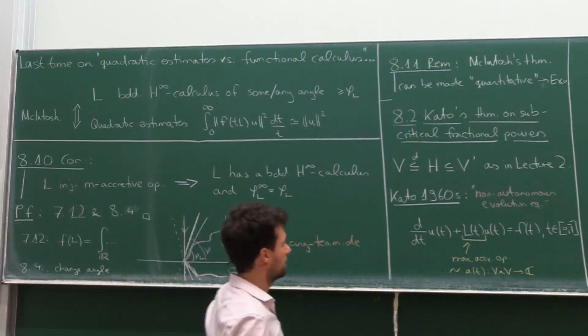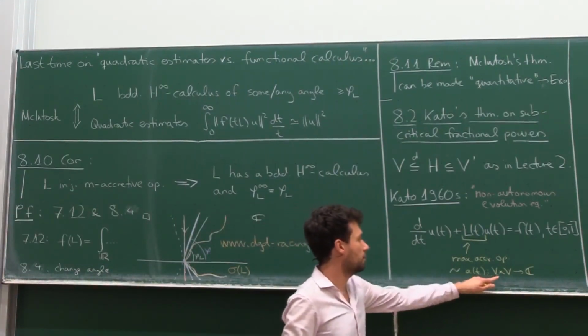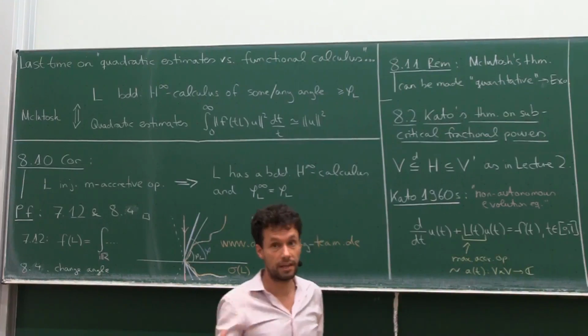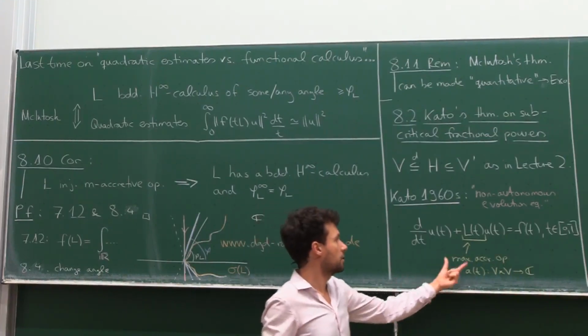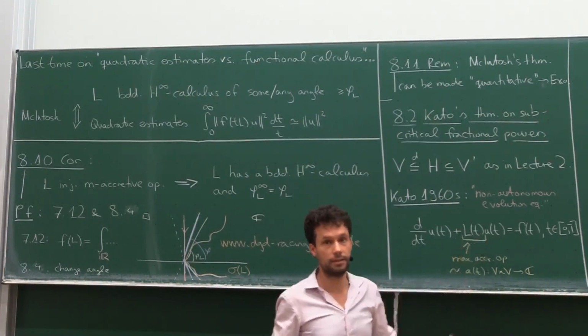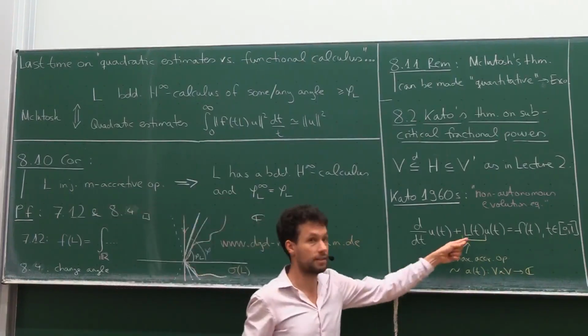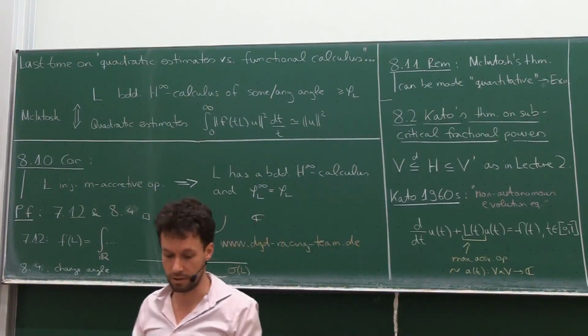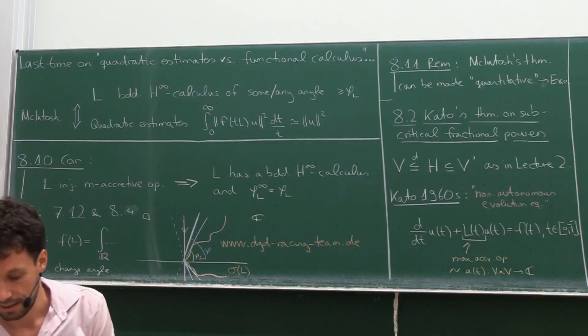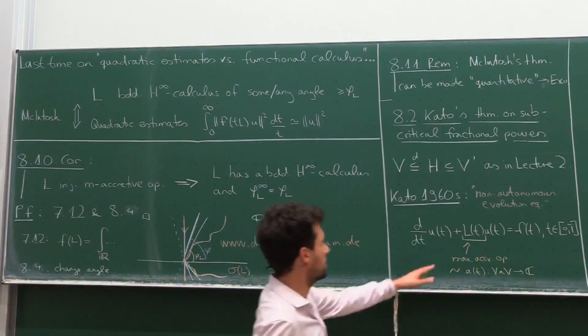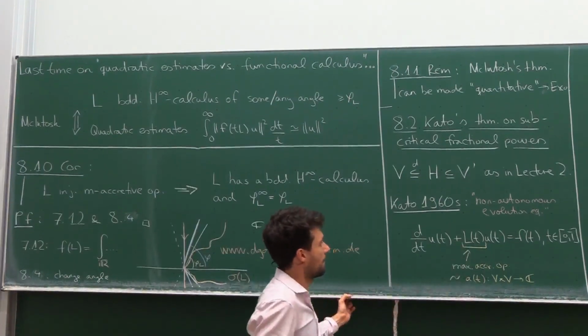And then each of these sesquilinear forms on the same Hilbert space V can generate an operator in H, as you've seen in lecture 2. And then these L of t operators are part of this non-autonomous evolution equation. And it's non-autonomous because this L of t depends on t.